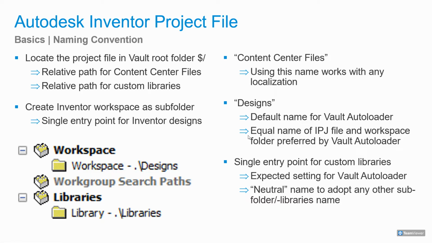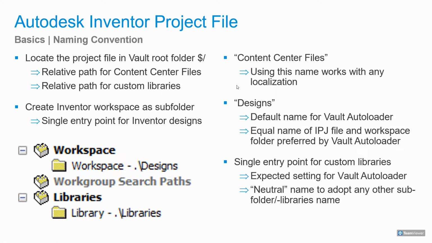So let's take a look at some basic naming structures. You want to locate the project file in your Vault root folder. Pay careful attention to that $, because that's going to tell you your relative path for your libraries, as well as your workspace subfolders. Okay. If this is getting too confusing, not to worry. We're going to do a practical demo and see what it actually looks like.